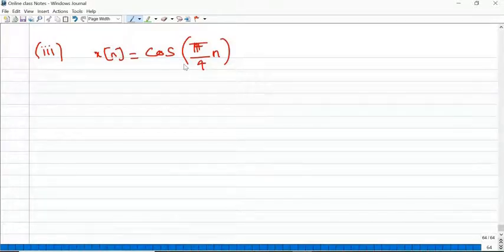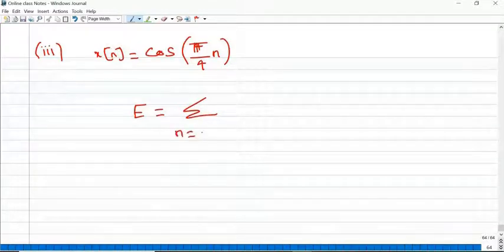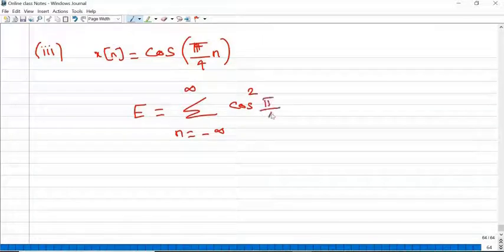There is no u of n term available. So how to solve this? Energy formula: summation n equal to minus infinity to infinity of x of n square, that is cos square pi by 4n.